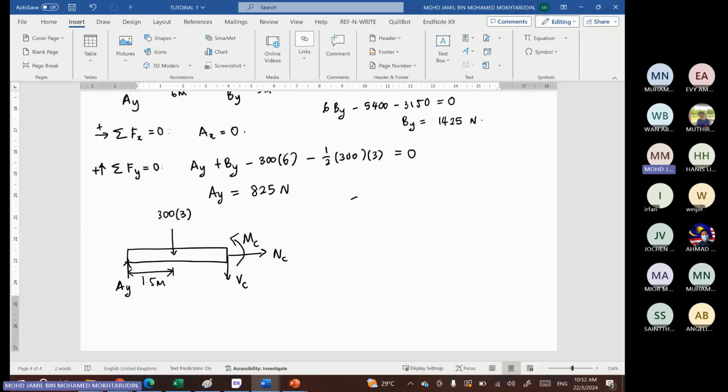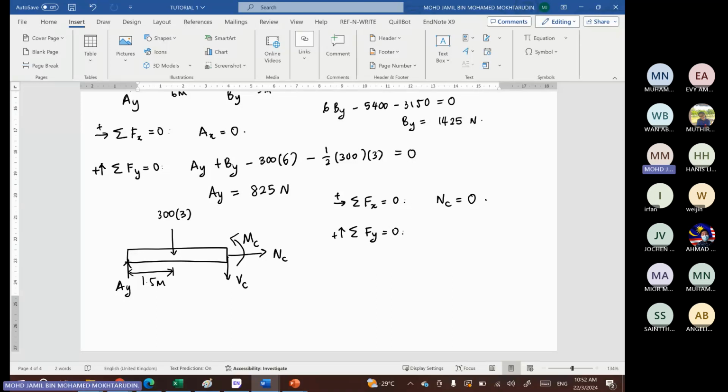So we can start with equilibrium in the X direction. So in the X direction, you only have NC. So NC equals 0. And then we can do the force in the Y direction.